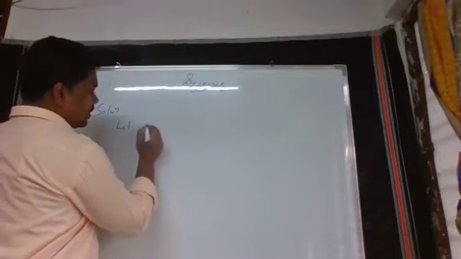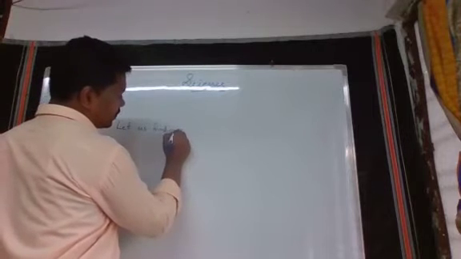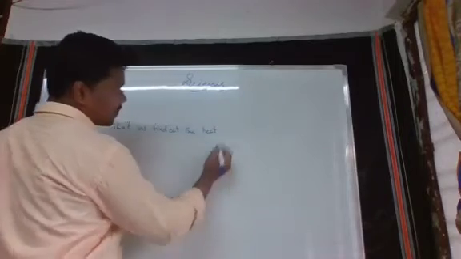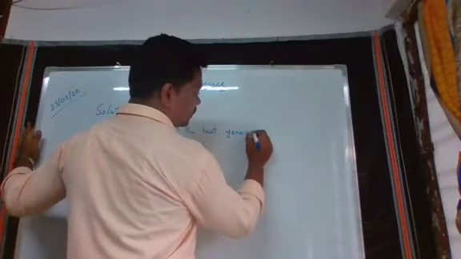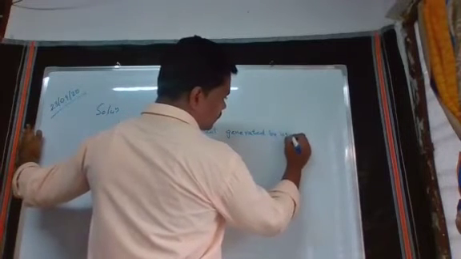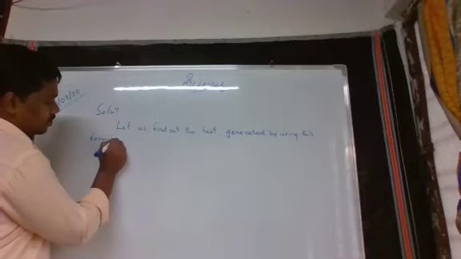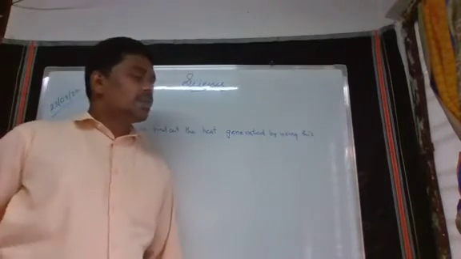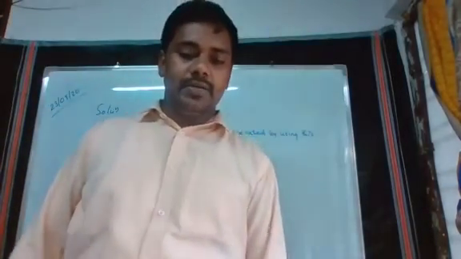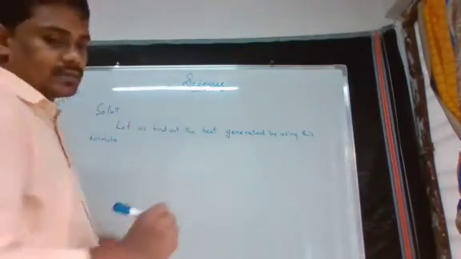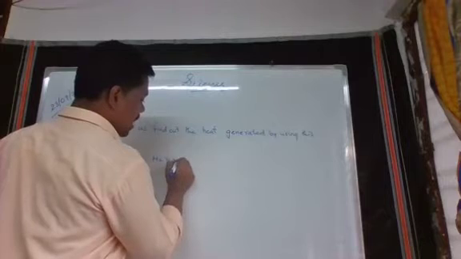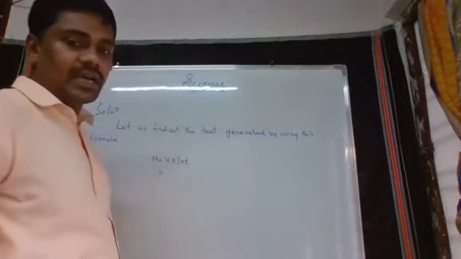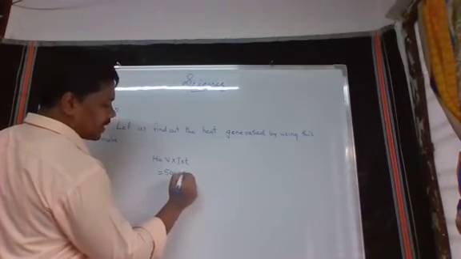Let us find out the heat generated by using the formula, that is H is equal to V into I into T. What is V here? 50 volt, and I is equal to 80 by 3.